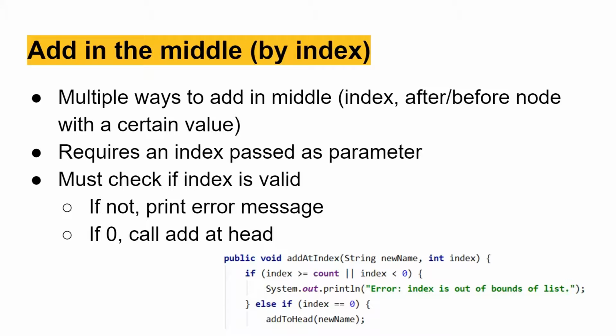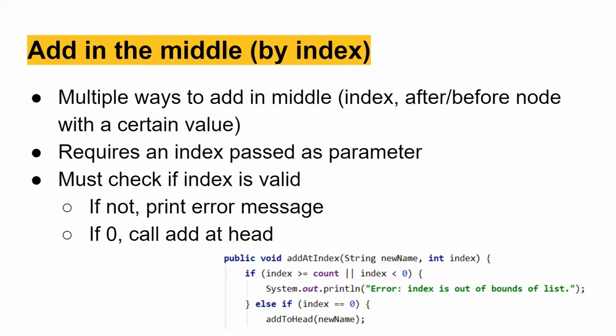We can't just say, oh, the 7th item in the linked list, that's the one that I want to add after or before. We have to actually crawl over this linked list and count our way to that spot. So this requires an index that you want to add at to be passed as a parameter.